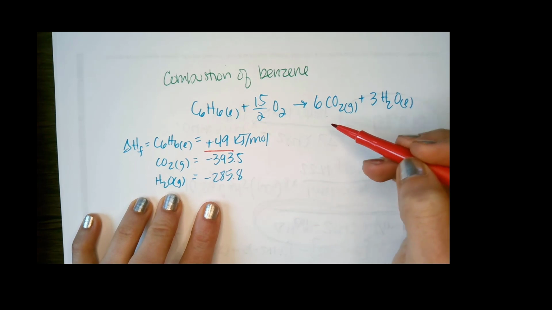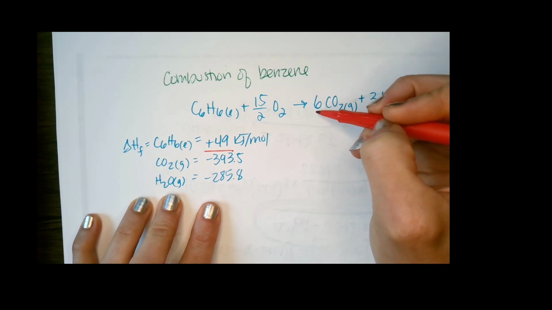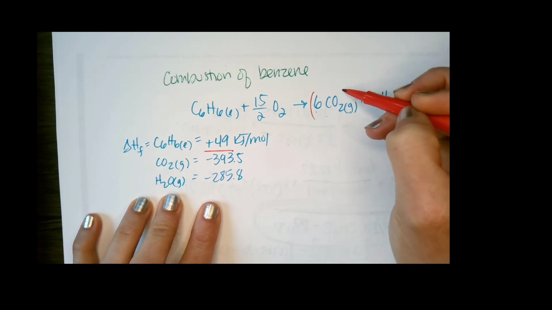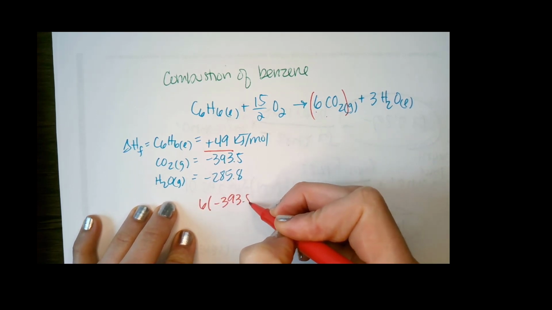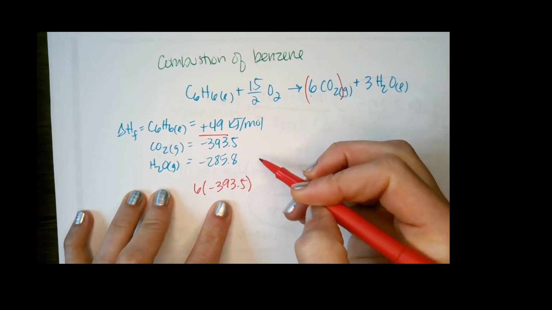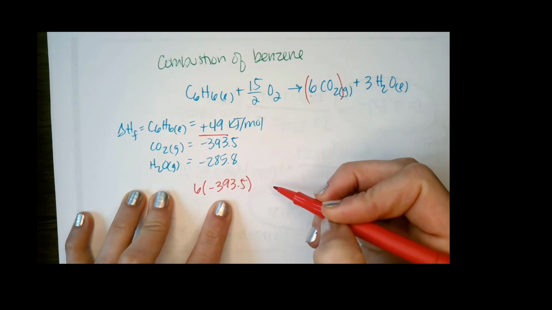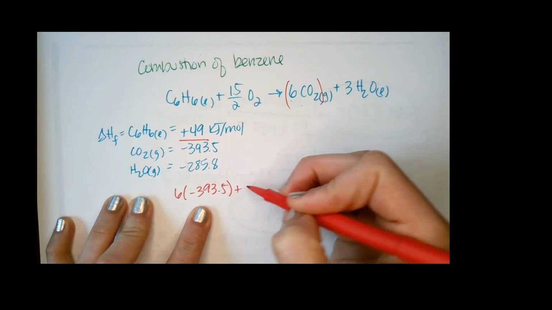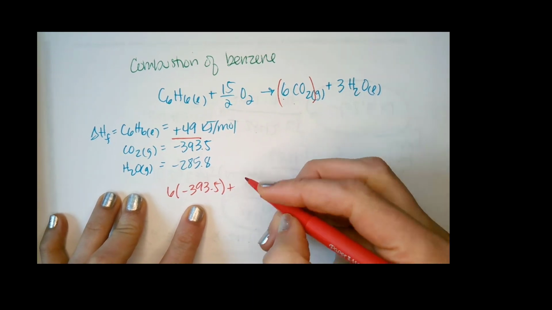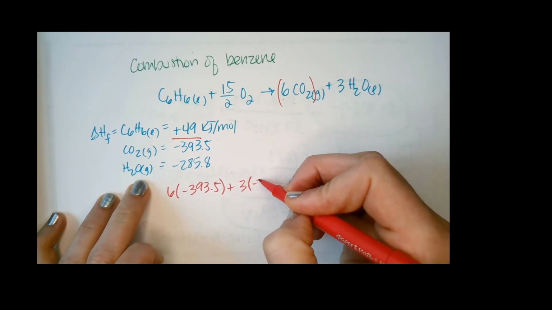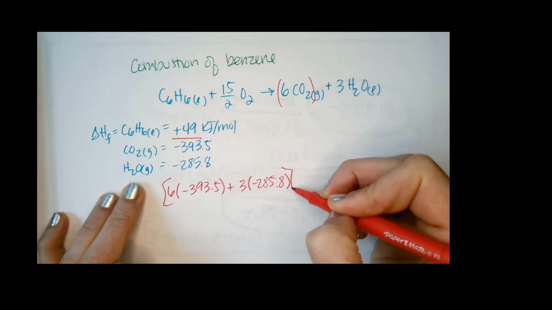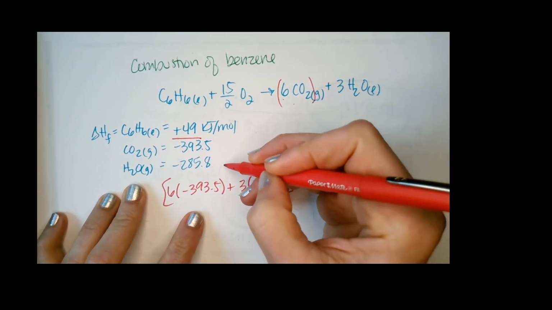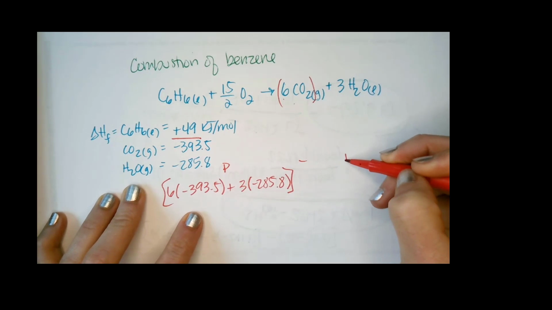So we need to do, again, products minus reactants. So we're going to do 6 times our CO2 value. So 6 times negative 393.5. I'm just going to leave off my units. They're all in kilojoules per mole, so we'll do that at the end. Plus 3 times water's value, negative 285.8. Okay, so products minus reactants.